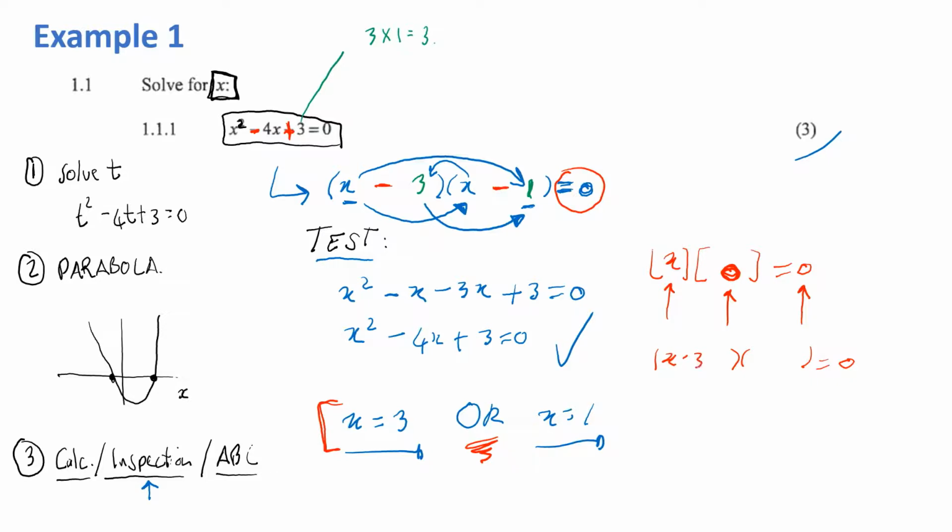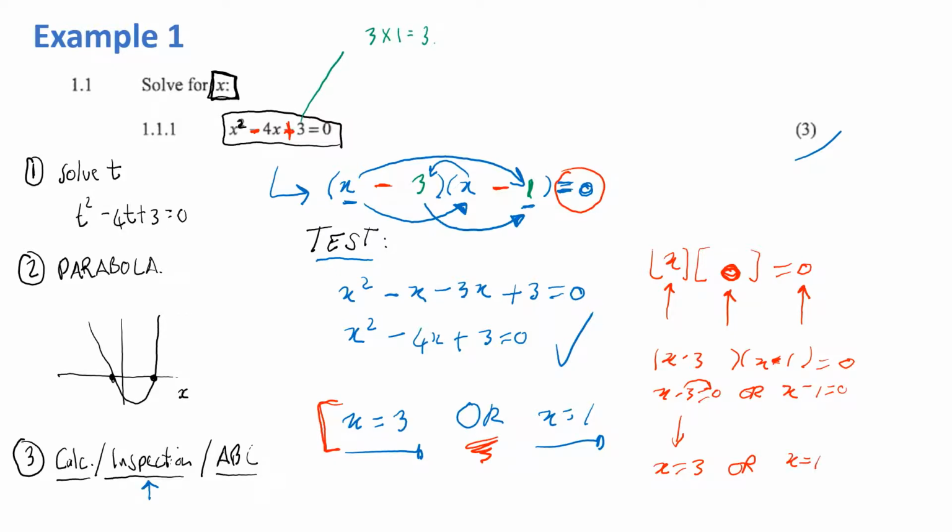So for this example, x minus 3 has to be 0, okay? Or x minus 1 has to be 0. And then it's just a case of taking 3 over, and there you get your solution. x equals 3 or x equals 1.